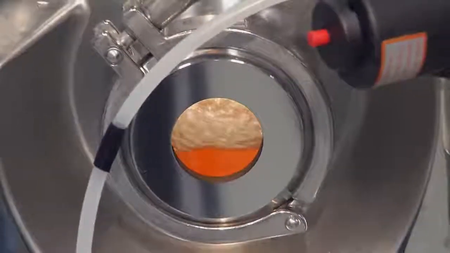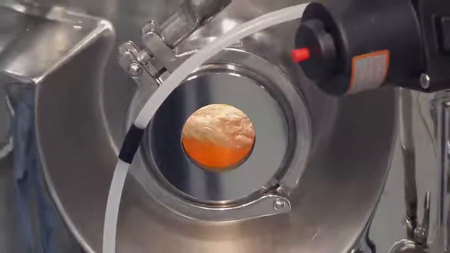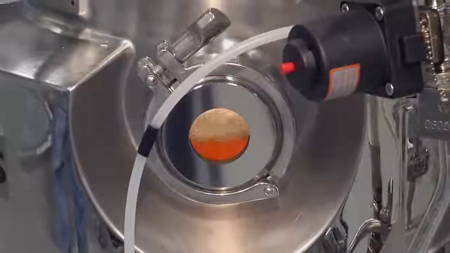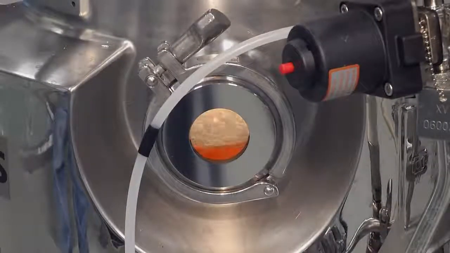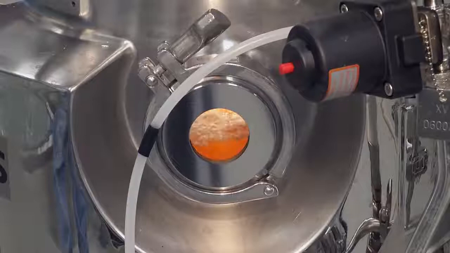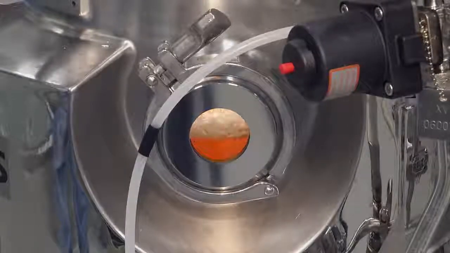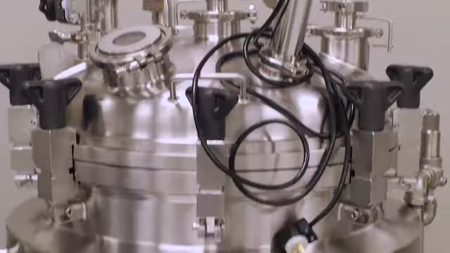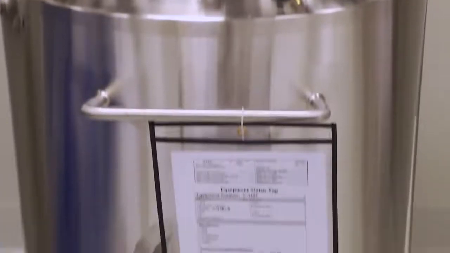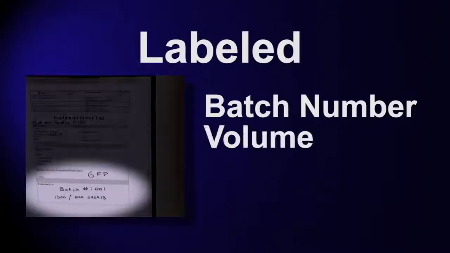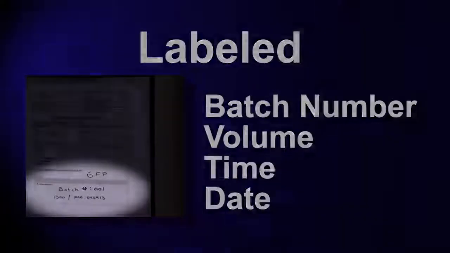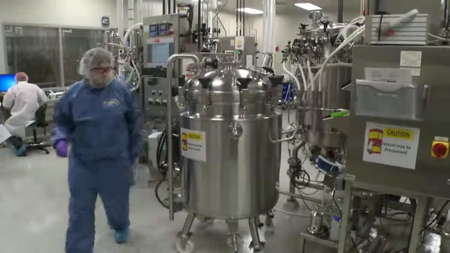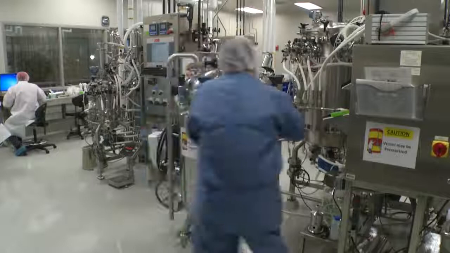The broth, which contains spent media and cells, is complete when the key nutrient, glucose, is mostly consumed and the batch has reached the desired concentration. The batch is then cooled down, pumped into a broth tank, and labeled with the batch number, volume, time, and date. The fermentation process is now complete.